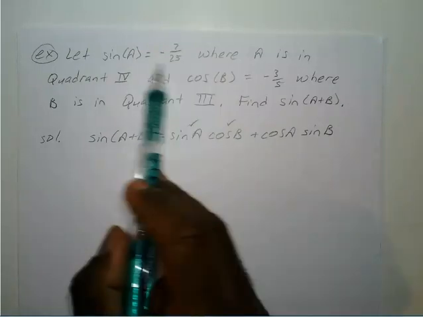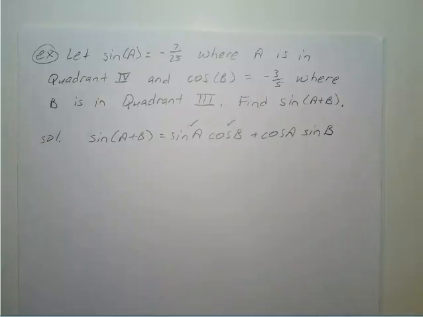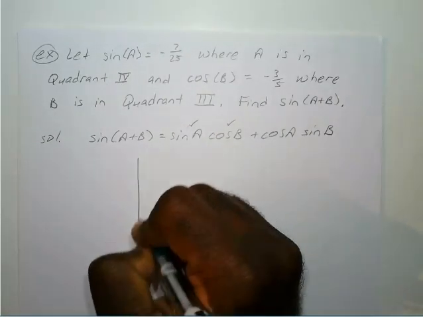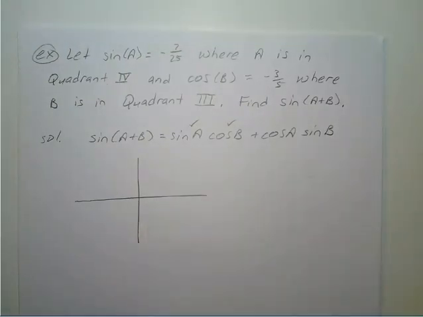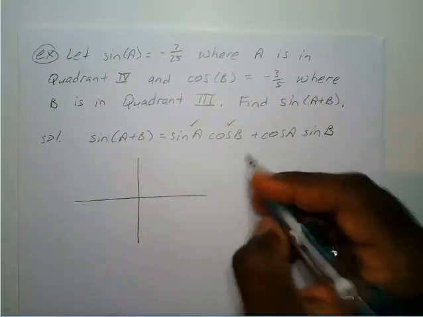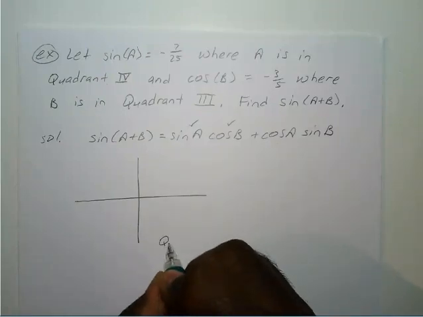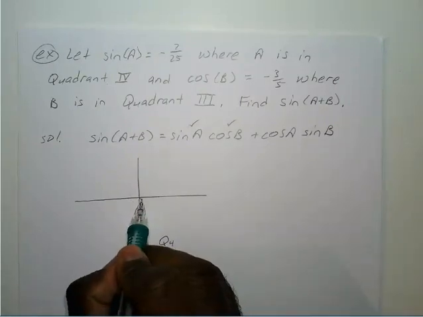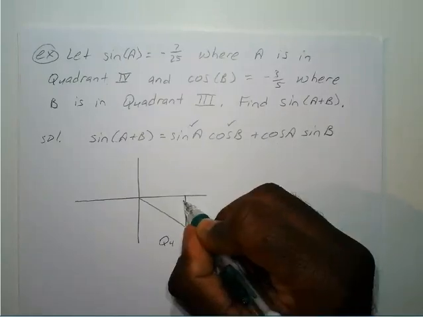Okay, so we know that sine of a, where a is in quadrant 4, all we have to do is make our little graph here. So a is in quadrant 4, so of course this is quadrant 4. That means our right triangle is going to be in that quadrant.